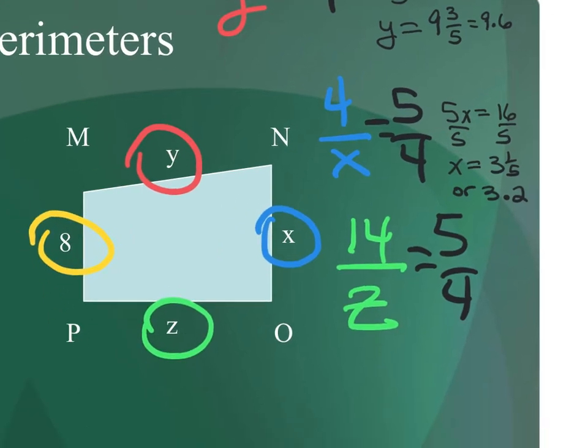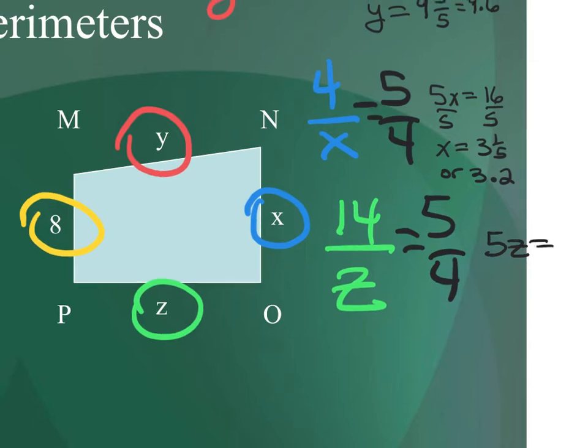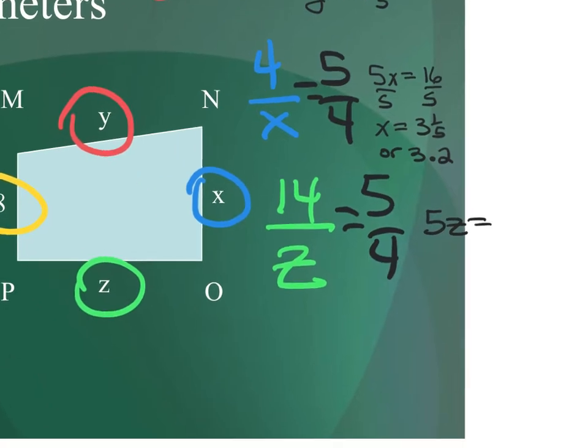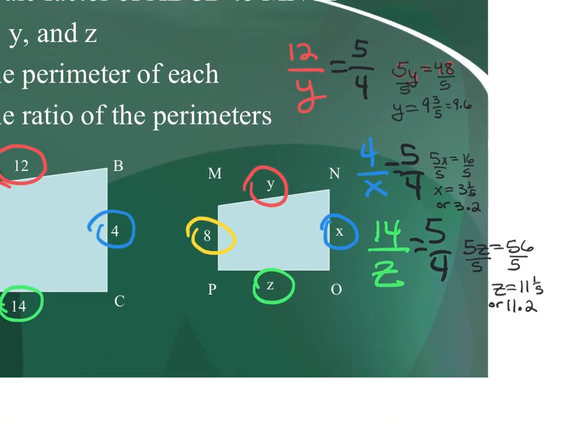The green one, 5 times z equals 14 times 4, which is 56, divide by 5, and z equals 5 goes in there 11 times, 55 with 1 left over. So this is 11.2. So now I found the values of x, y, and z.